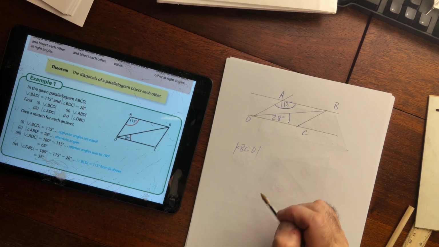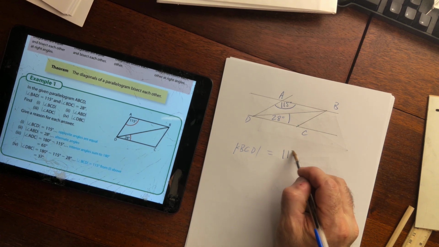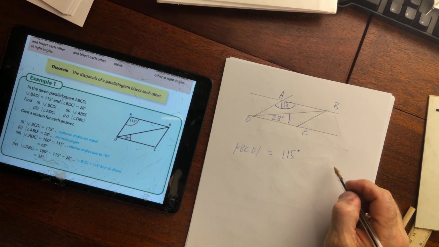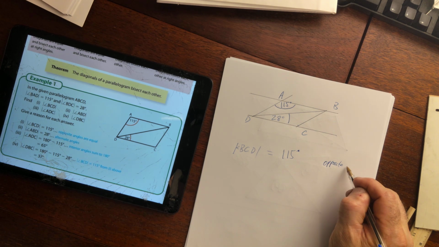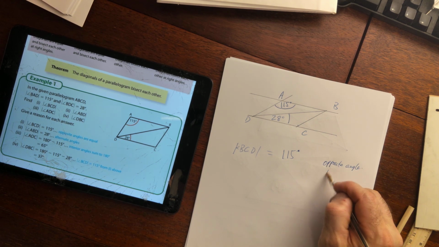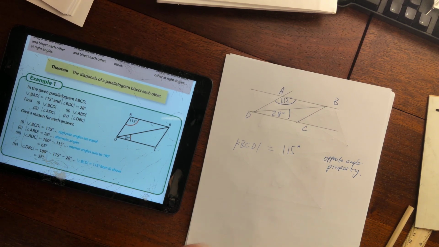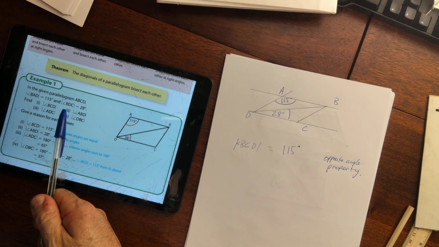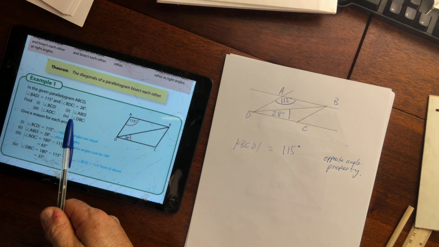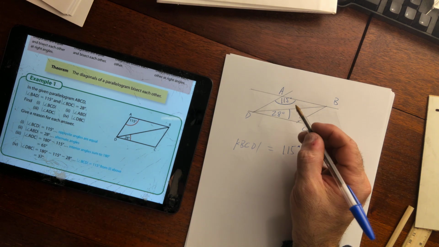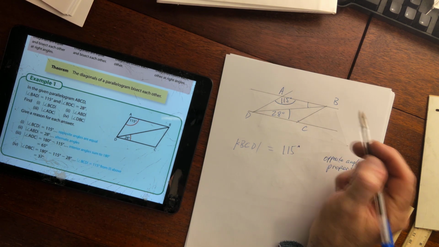The size of that angle is, well, opposites are equal, so it's 115 degrees. The reason is the opposite angle property. Okay, the other thing we need to find is the angle from A to B to D. Okay, this angle here.